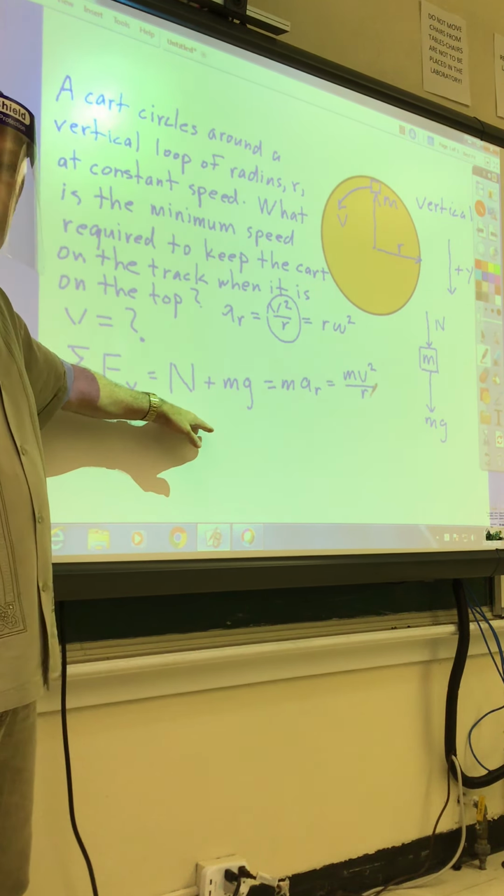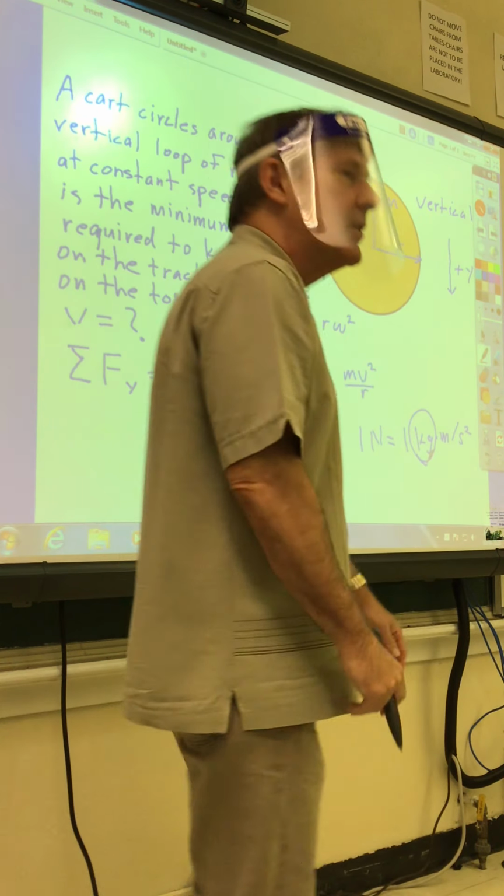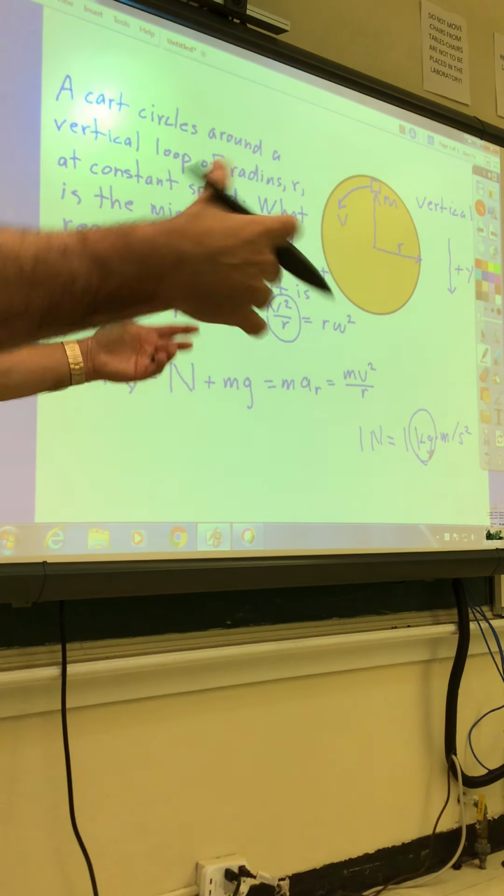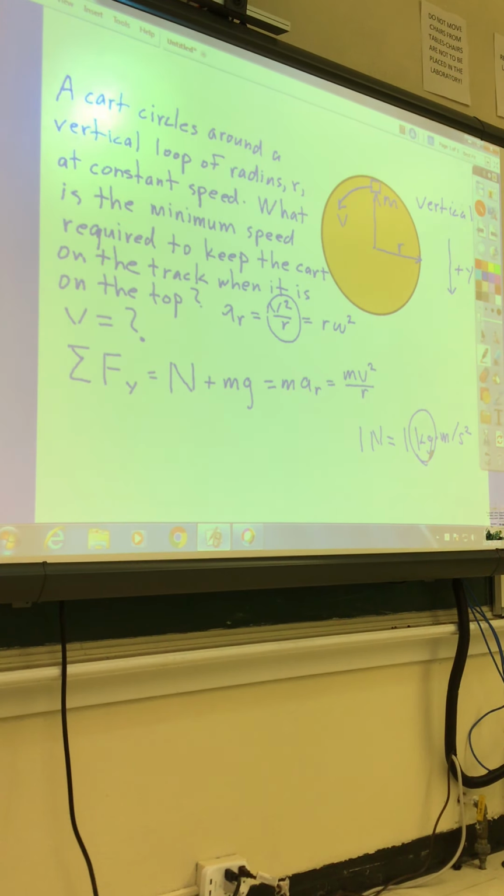Remember, the force is a Newton. 1 Newton is 1 kilogram meter per second squared. You've got a mass in that force term, so it has to be mass times acceleration. If it doesn't have the m, it's not a force.